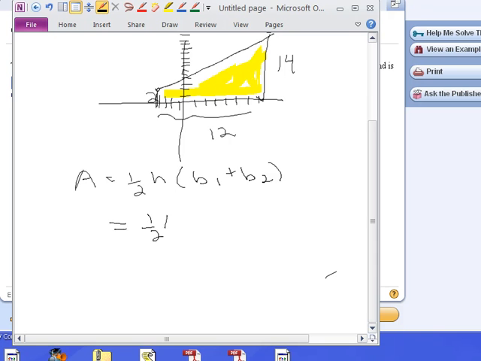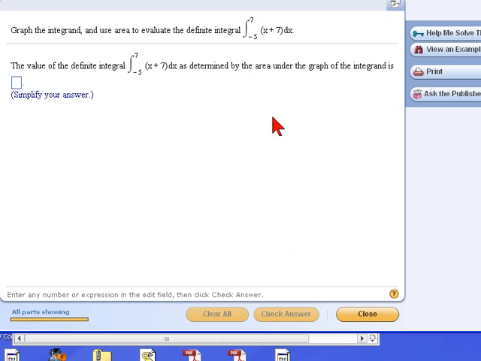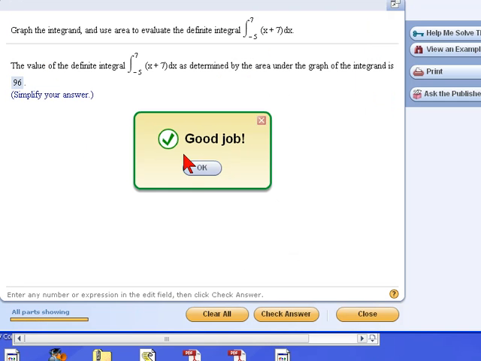So it's 1/2 times 12 times the sum of the bases, which is 2 plus 14. Half of 12 is 6, times 2 plus 14, which is 16, and that's 96 square units for the area there. So you come in here and you can say 96. Okay, so I hope that helps.